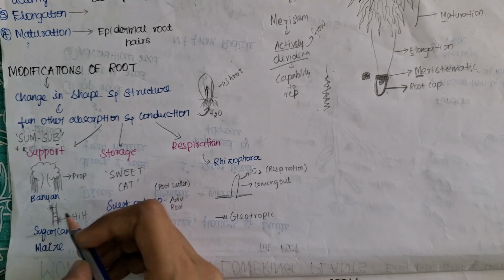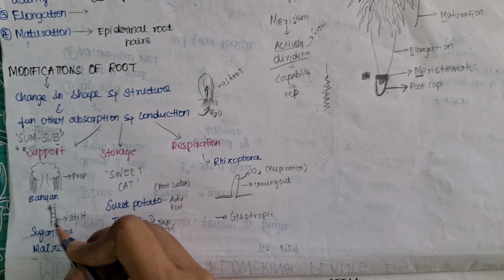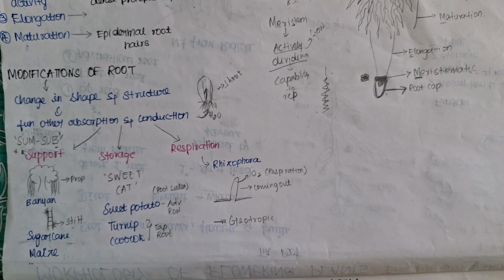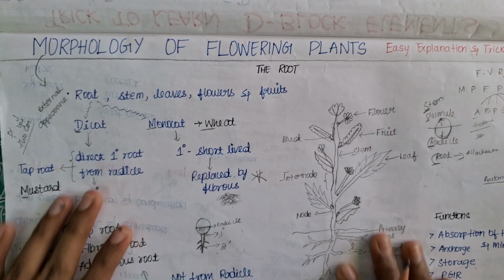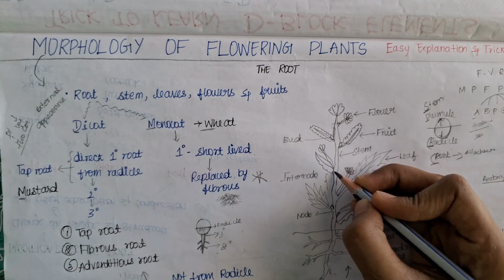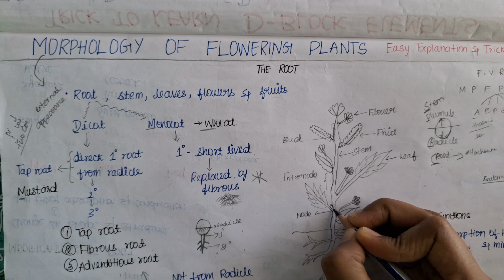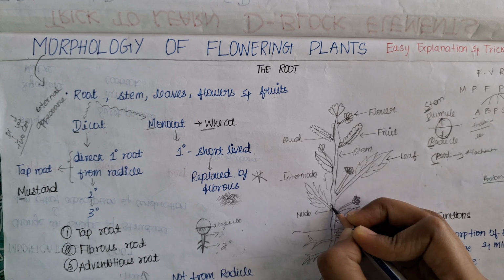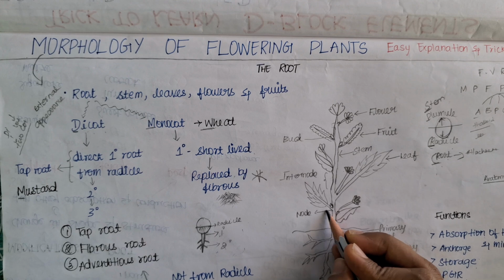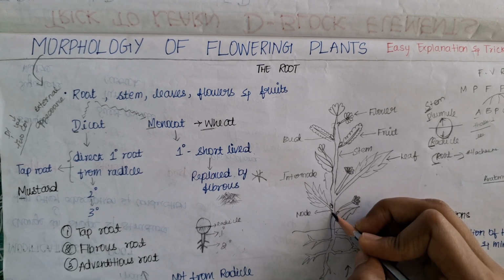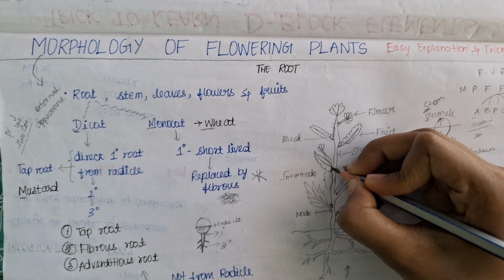And these roots we can usually see in the lower nodes. What are nodes? I didn't discuss it. Wait, let me show. If you see, this is the part where one leaf or bud is coming from this particular point, right? So this is called one node. Wherever there is the arising of a bud or leaf, you can say that is one node. Then the next node is here.